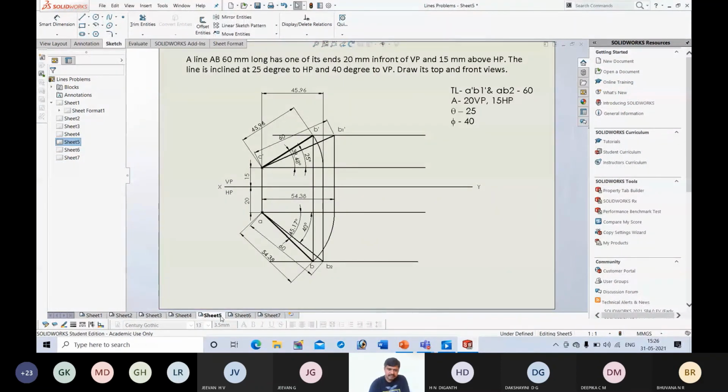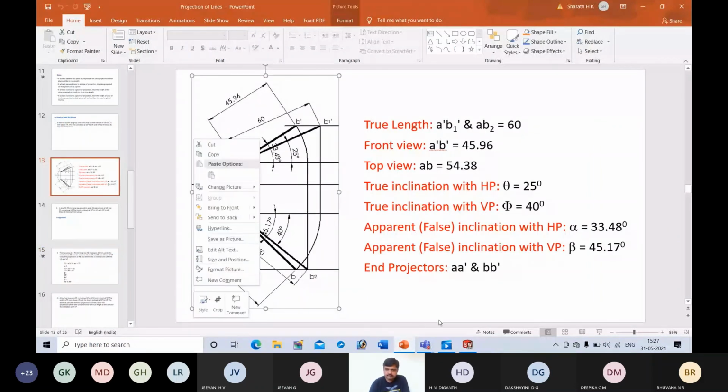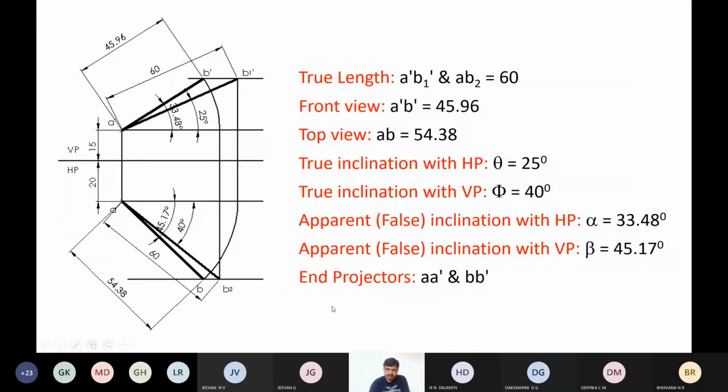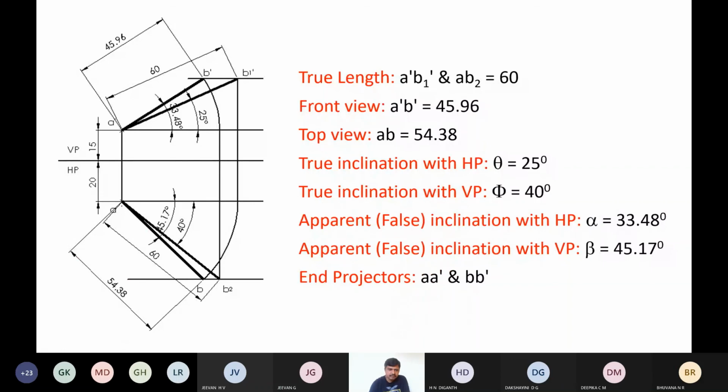So here with the help of the solution, I will explain here also. Okay, suppose this is the top view. Now you are rotating this top view in order to make it parallel to XY line. So this is XY line.